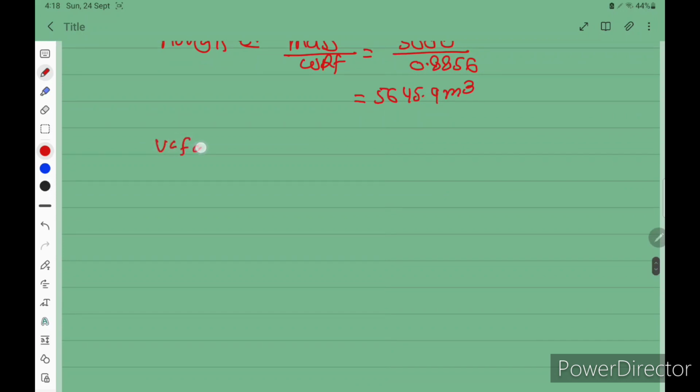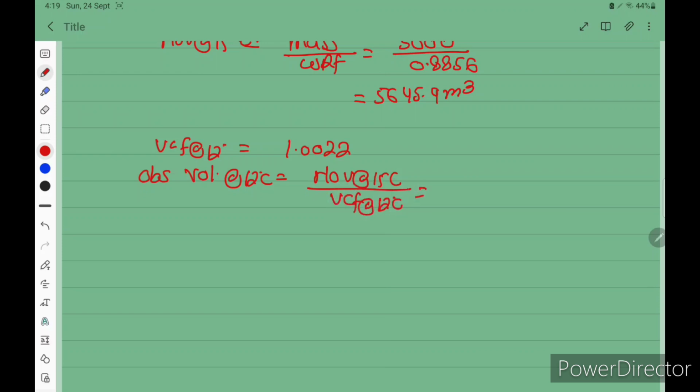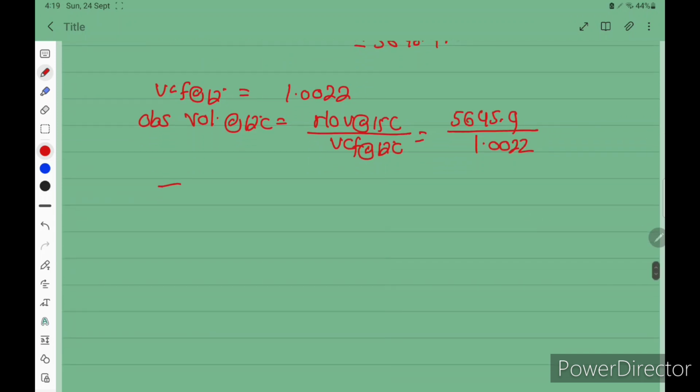So VCF at 12 degrees temperature we require from ASTM tables, we get 1.0022. Now observed volume at 12 degrees centigrade is net observed volume at 15 degrees centigrade divided by VCF at 12 degrees centigrade, so 5645.9 divided by 1.0022. This is 5633.5 meter cube for the second cargo.